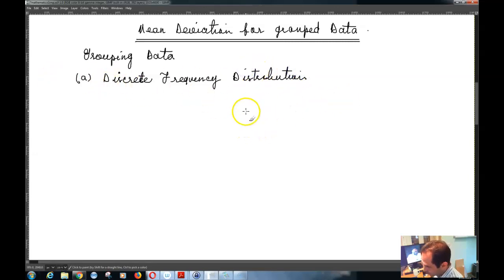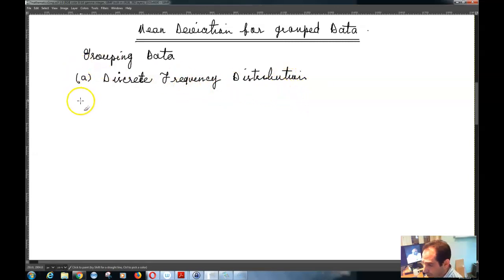When we see some examples you will know what is meant by discrete frequency distribution, and I will hopefully be able to explain what that exactly means in terms of an example, and then we will move forward.